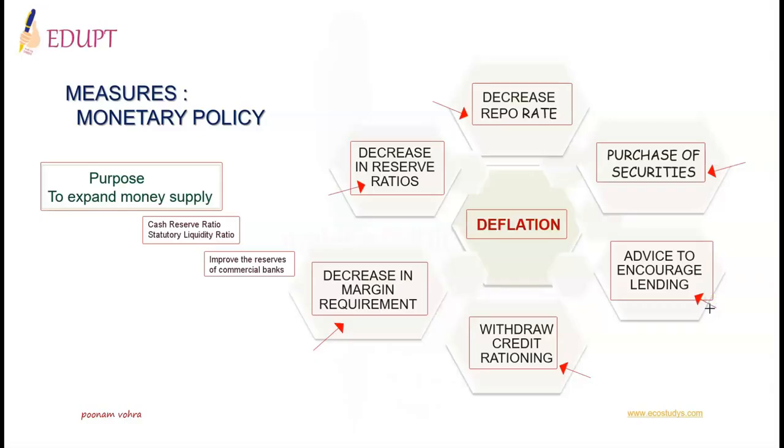Also, RBI advises the commercial banks to encourage lending during these times. So the overall impact would be to have an expansion in money supply so that there is a push to aggregate demand in the economy.